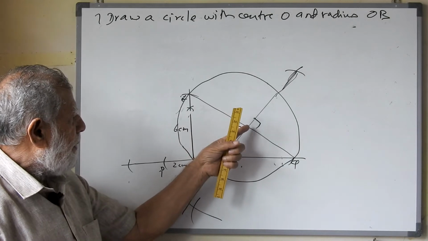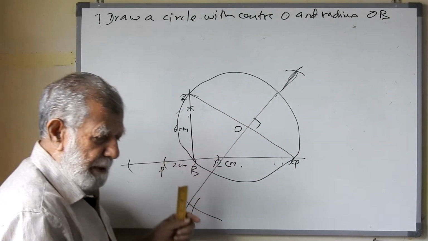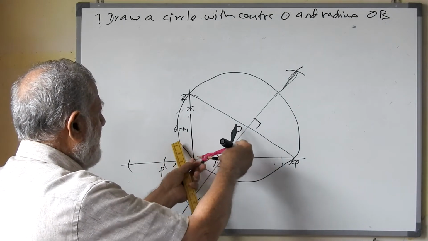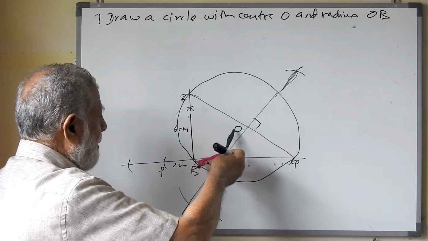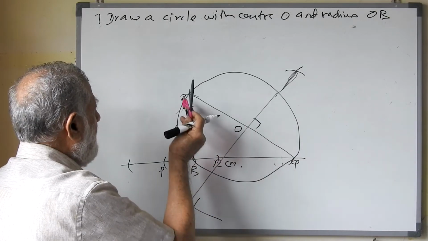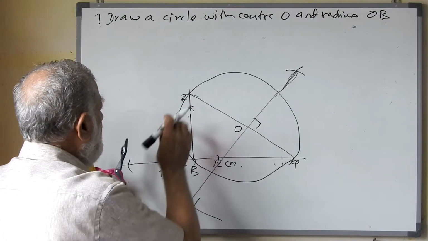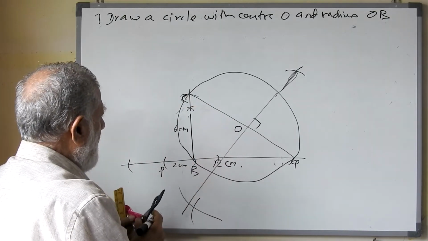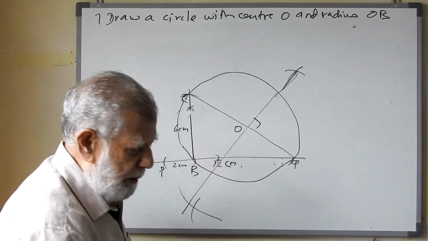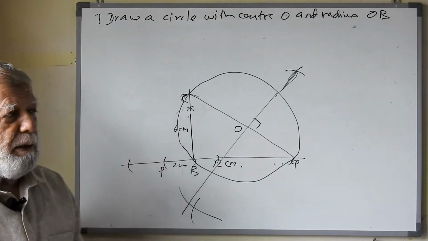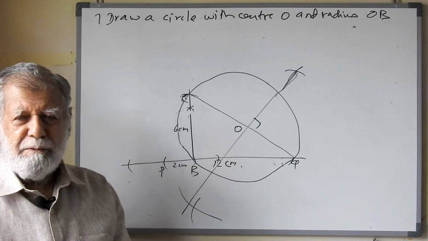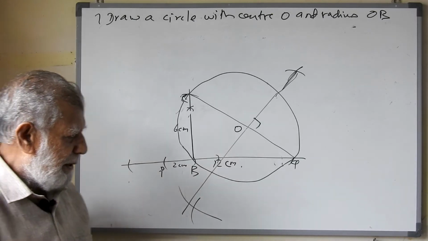You take OB as the radius with the compass and draw the circle from here, and it will go exactly through Q and C. So the circle will go through B, Q and C. We have drawn it accurately. So I told you, when you are drawing the construction, your pencil has to be very, very sharp, so that you will be able to measure even a millimeter or 1 degree.